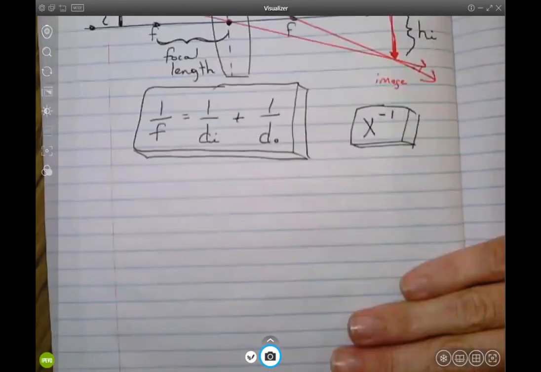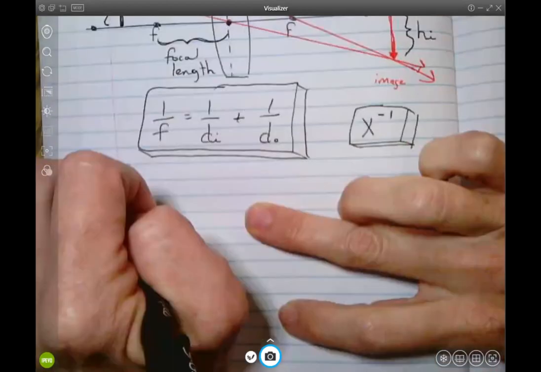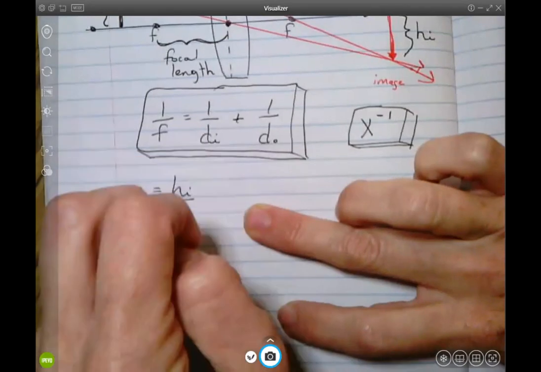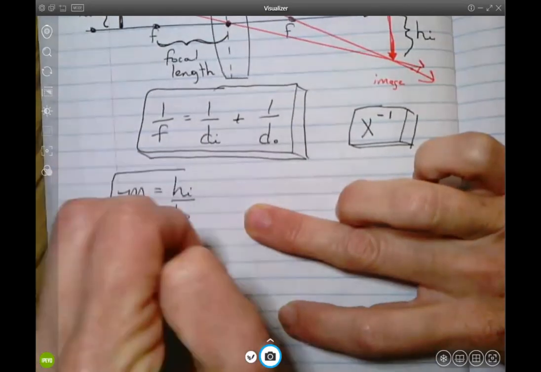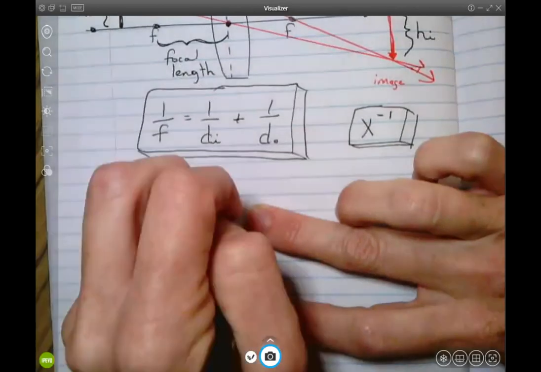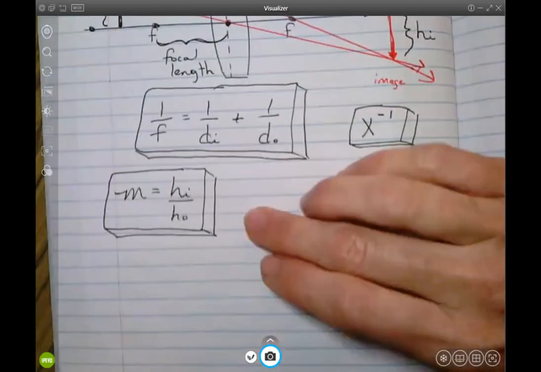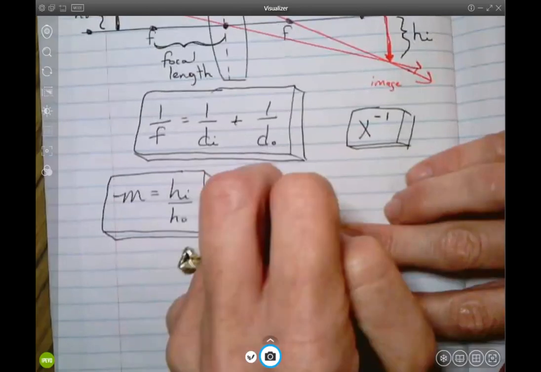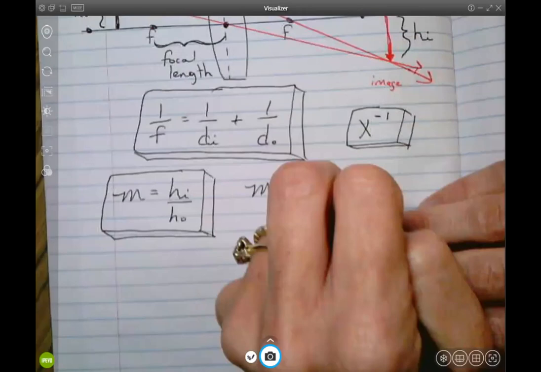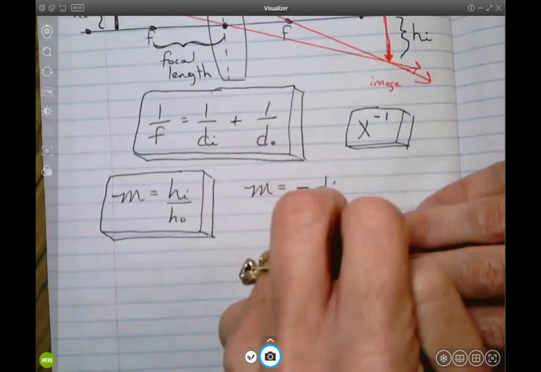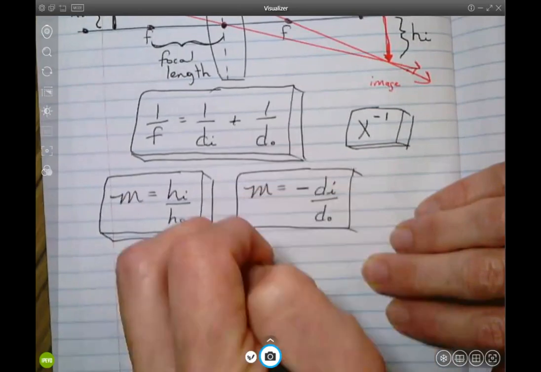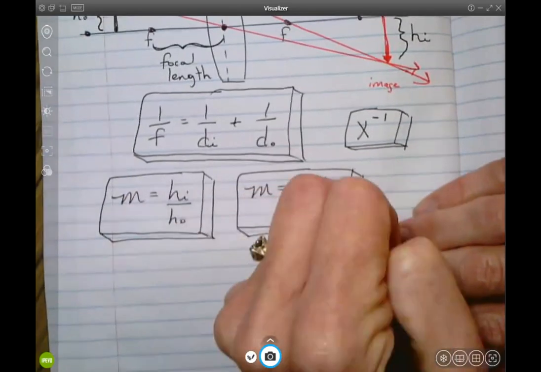And so here's how we do that. Magnification equals HI over HO, "hi-ho." All right, and we don't use this one quite as much as we use magnification equals negative DI over DO, "dido." I heard dido. There we go. That's it.